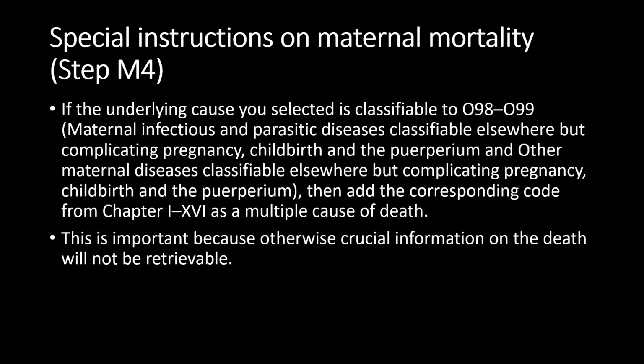This is important because otherwise crucial information on the death will not be retrievable. However, this guideline is useful for countries producing multiple cause data. In a country coding single cause or just underlying cause coding, this instruction has no value.